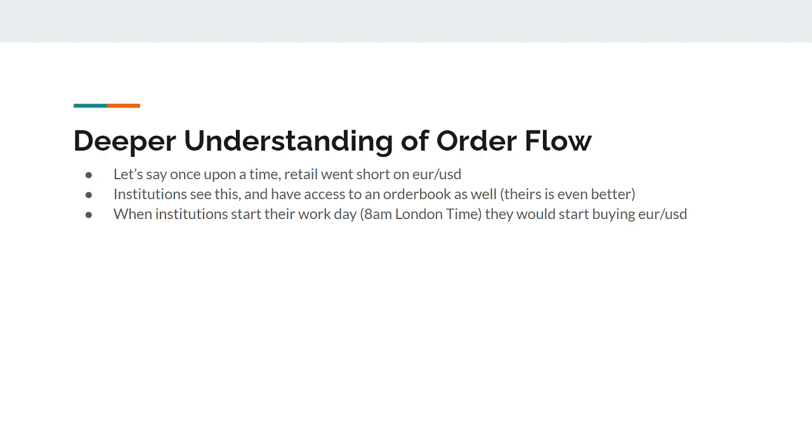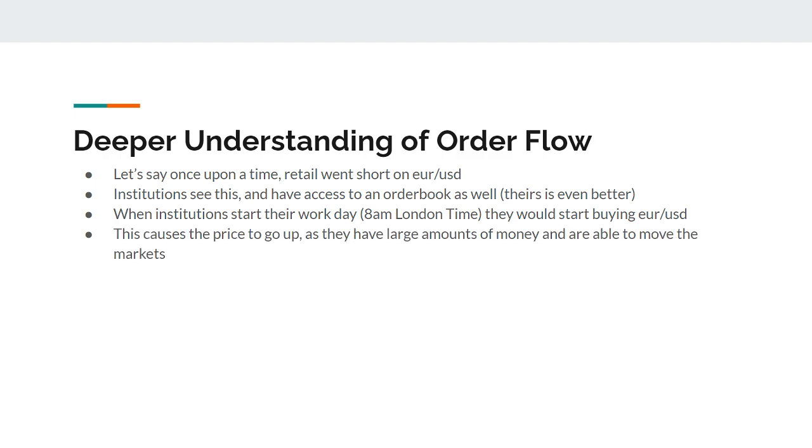Since retail traders went short, they would be doing the opposite, so they would be buying the Euro USD. This causes price to go up as they have large amounts of money and are very capable of moving the markets. They would keep buying until price reaches the stop losses of the retail traders that went short.